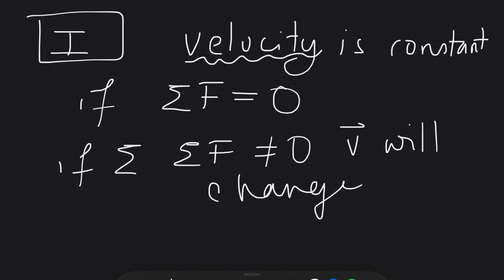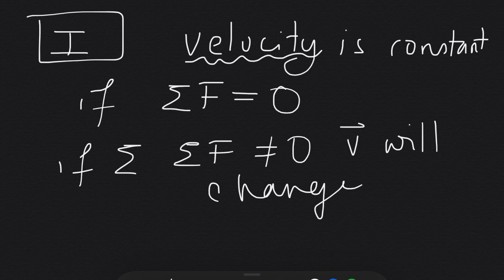That means that not only does the magnitude of the velocity, meaning how fast an object is moving, play a role here and need to be constant, but also its direction needs to be constant. That means if you have a ball that's moving, let's say, northwards, it needs to continue to move northwards. If it suddenly moves southwards, eastwards, or in some other direction, then there is some force acting on it.